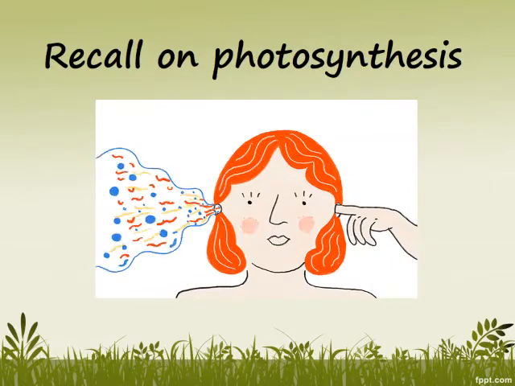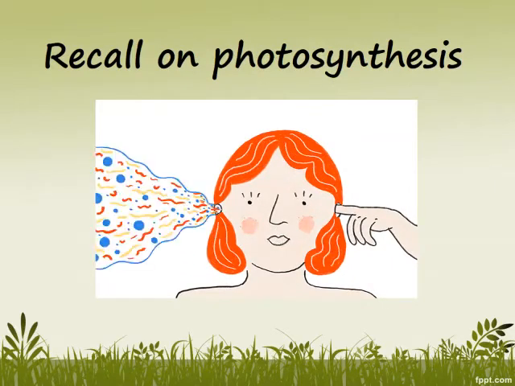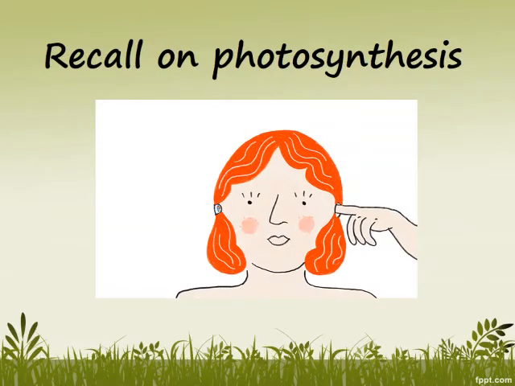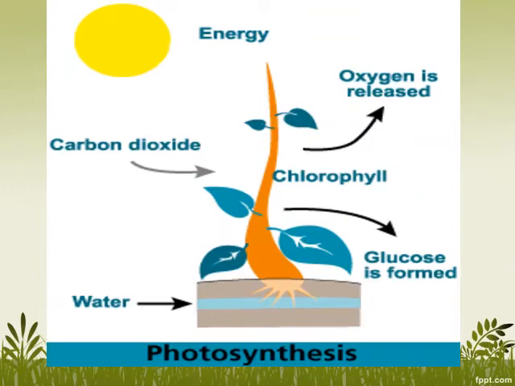But before moving on to the main contents of today's lesson, let's recall photosynthesis. Here you can see in the process of photosynthesis, we need carbon dioxide and water, and the reaction is carried out in the presence of sunlight, from where we get energy.